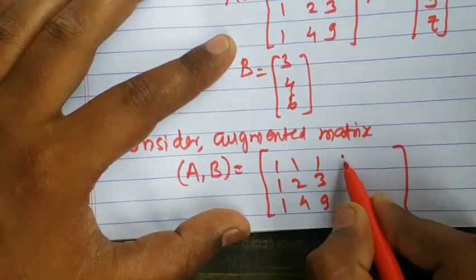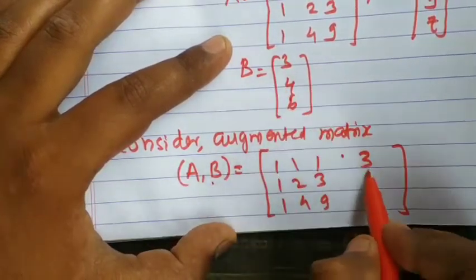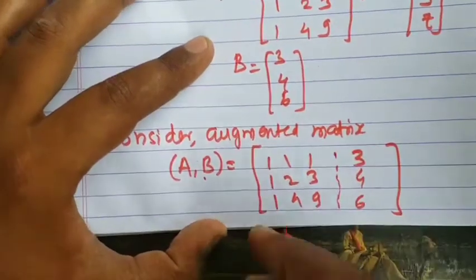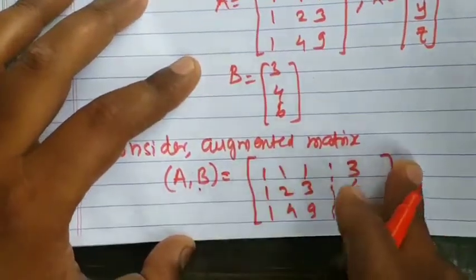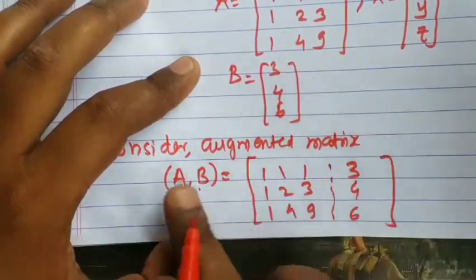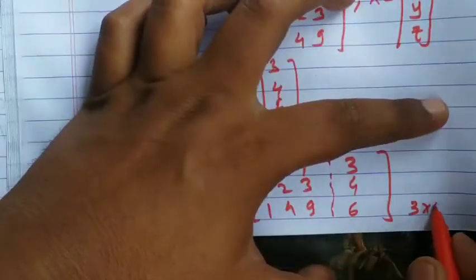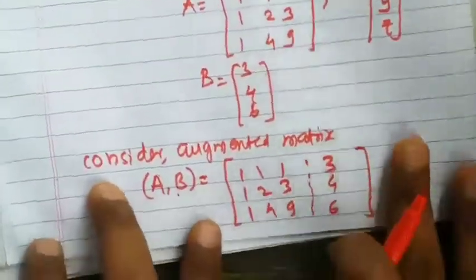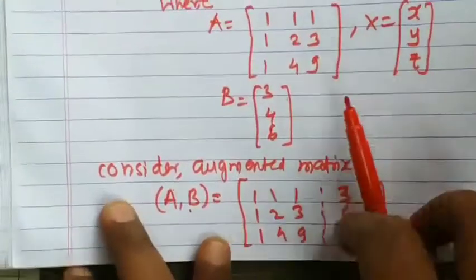Then to this matrix you add one column B, which is 3 4 6, and put one line in between to separate the matrix A and the column B. This whole matrix is A comma B. Its order is 3 by 4, and the order of the matrix A is 3 by 3. So when you want to see the matrix A, just hide this last column.